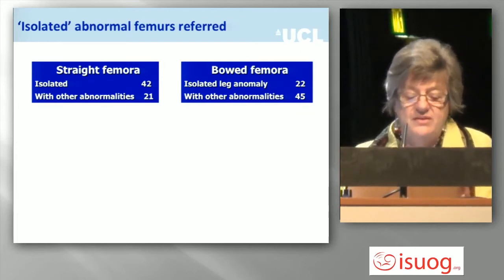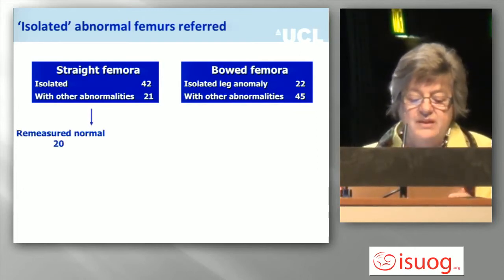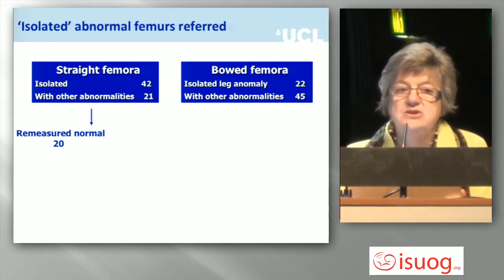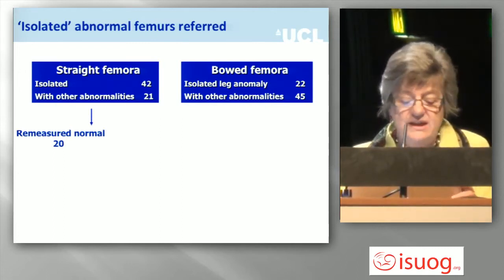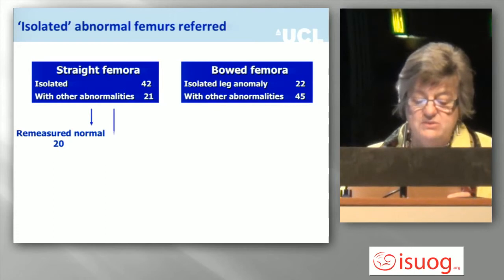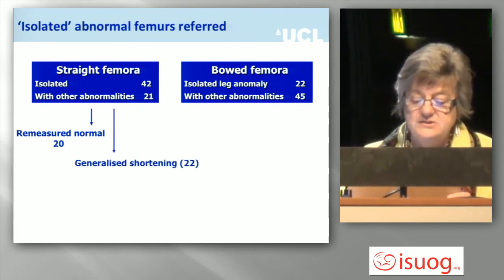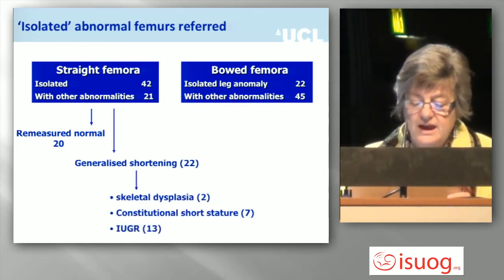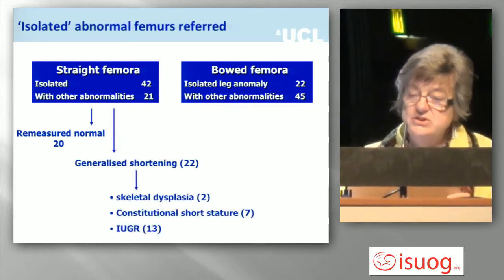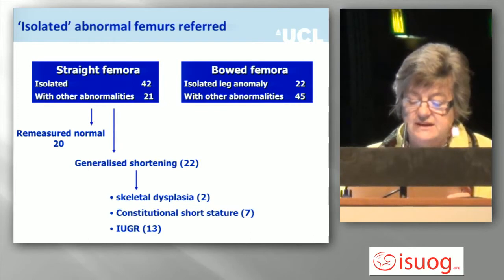If we think about the isolated ones, clearly the first thing we do when we see a baby is measure it carefully, and 20, when we remeasured them, were normal, and 22 had generalised shortening. Of those, only two had a skeletal dysplasia.